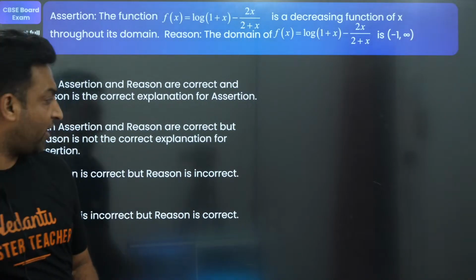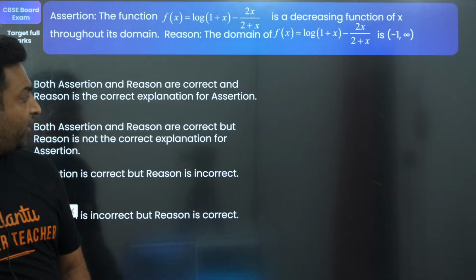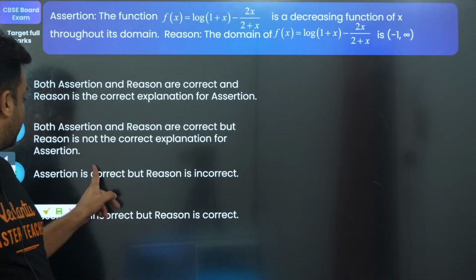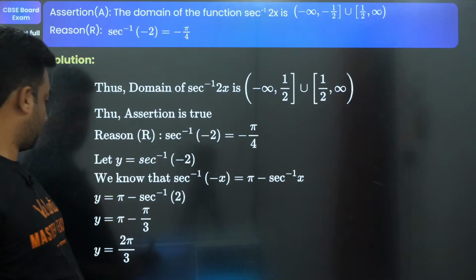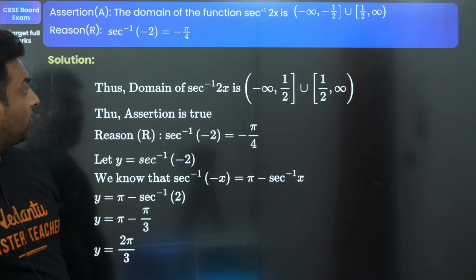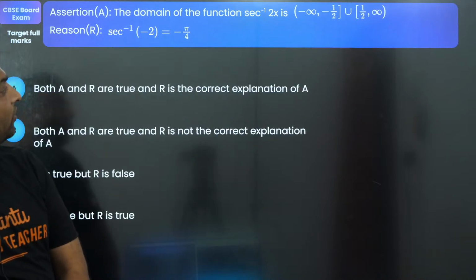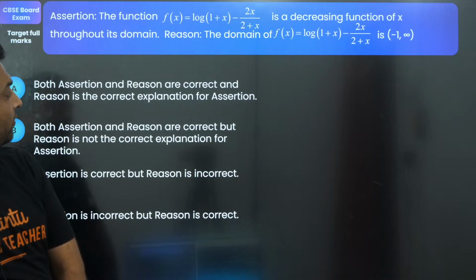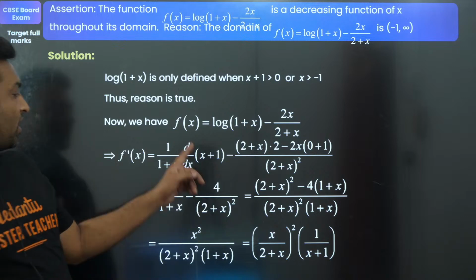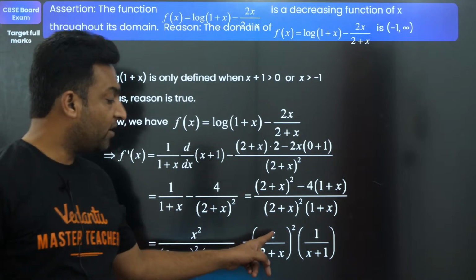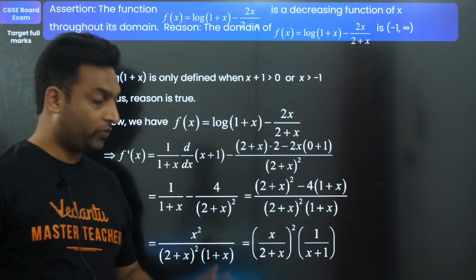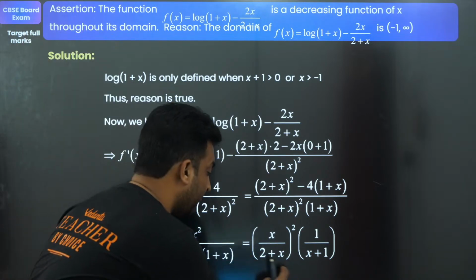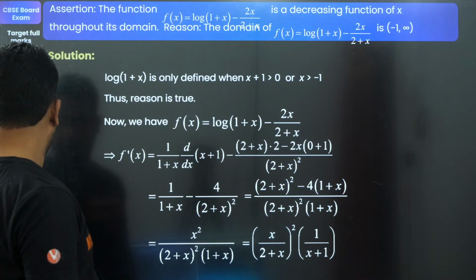After simplifying, let's see what we will get. We will get x upon 2 plus x whole square into 1 upon x plus 1. Now this is positive. Why is this positive?